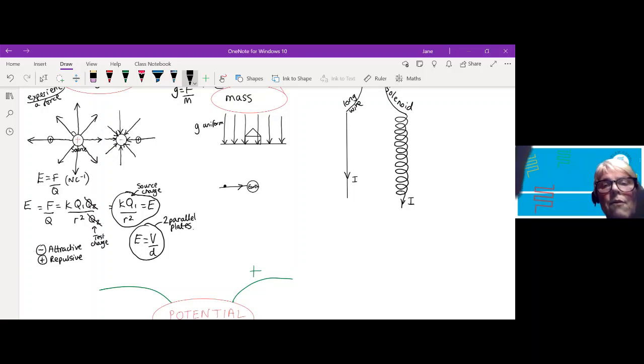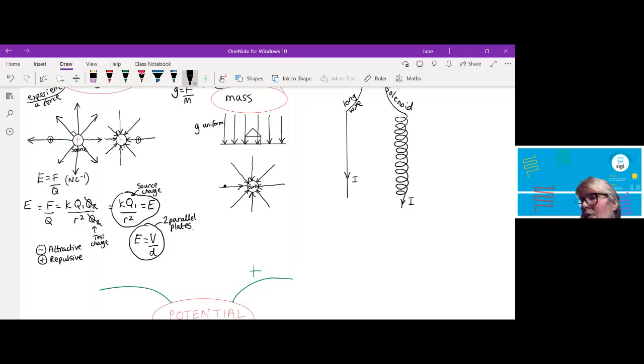And so wherever we put it, it's going to be attracted towards the Earth, and so all lines point to the Earth, to give us a field that is changing. So little g, gravitational field strength, will be much, much stronger closer to the Earth and much weaker further out because the field lines are further apart.